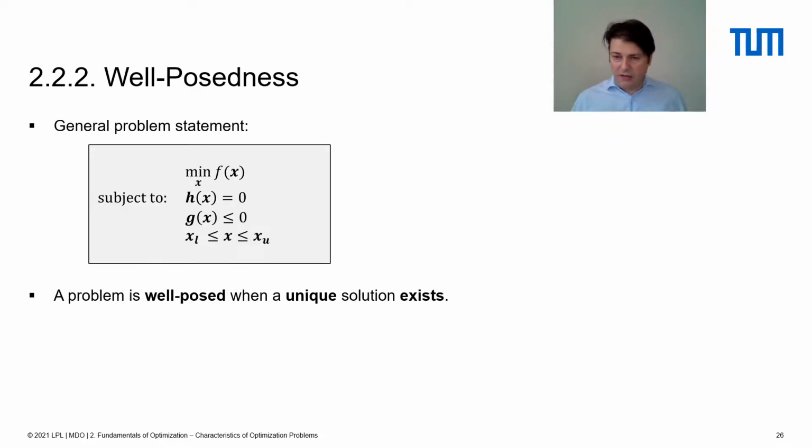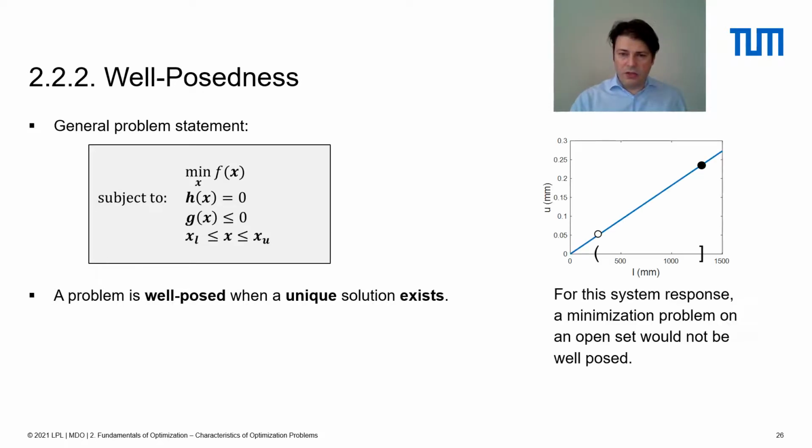Another scenario where no solution exists is a scenario with an objective function that looks like this, with respect to some design variable, let's say L, on an open set. Open set means that the boundary itself is not included in the set of permissible design variable values. But all other values are. So whenever you go a little bit to the right of that boundary point, that's a permissible value.